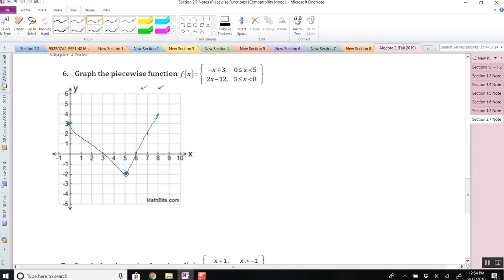Okay, that's how it looks for that one. So again, I graphed a piece of each line, and the piece was determined by the inequality that went with it.